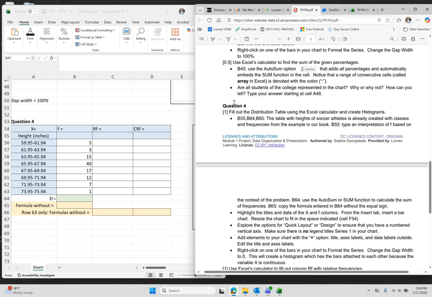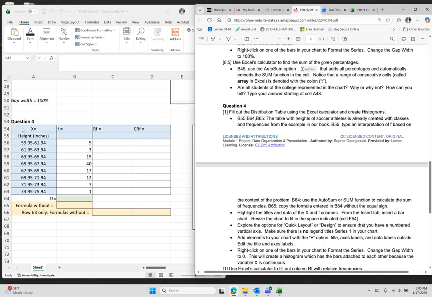All right. Fill out the distribution table using the Excel calculator and create histograms. In B55, B64, and B65, the table has heights of soccer athletes, is already created with classes and frequencies from the example in our book.